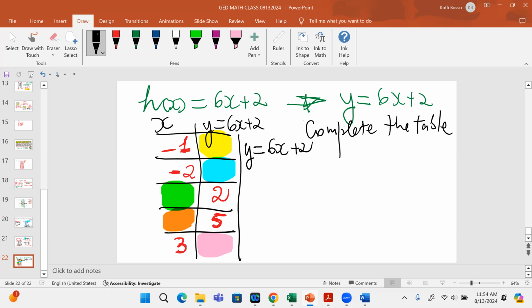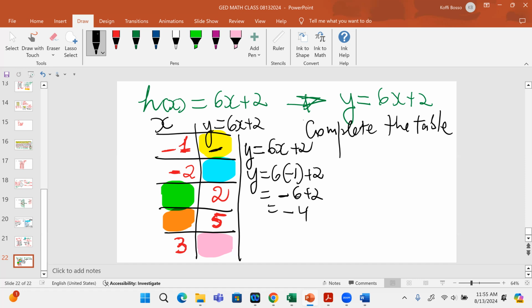When x is -1, what did you get? -4. Here we replace x by -1 in the function. So y is equal to 6 times -1 plus 2. Based on order of operations, you do 6 times -1, which is -6, plus 2. That gives you -4.